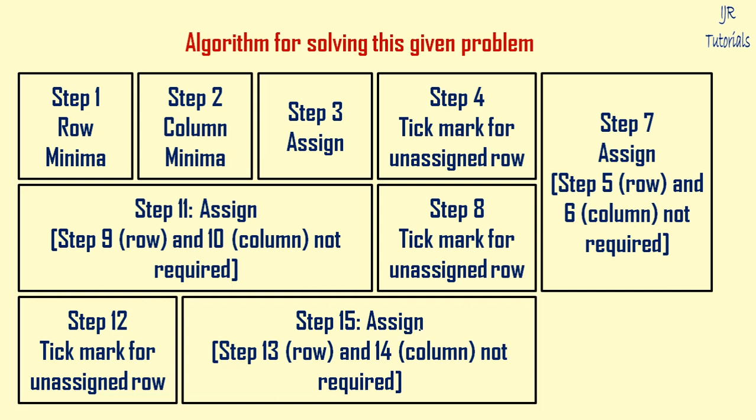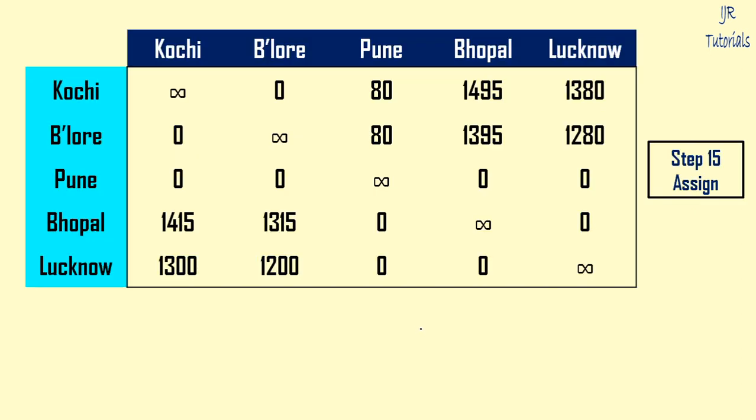So at step 15 we can get this matrix, and see whether all rows and columns are having zeros or not. Yes, all rows and columns are having zeros, so we can assign. Step 15, assign. So how can we assign? Concentrate on single zeros. See the first row, there is only one zero, we can directly assign here, and there is one zero in that column, strike off that zero.